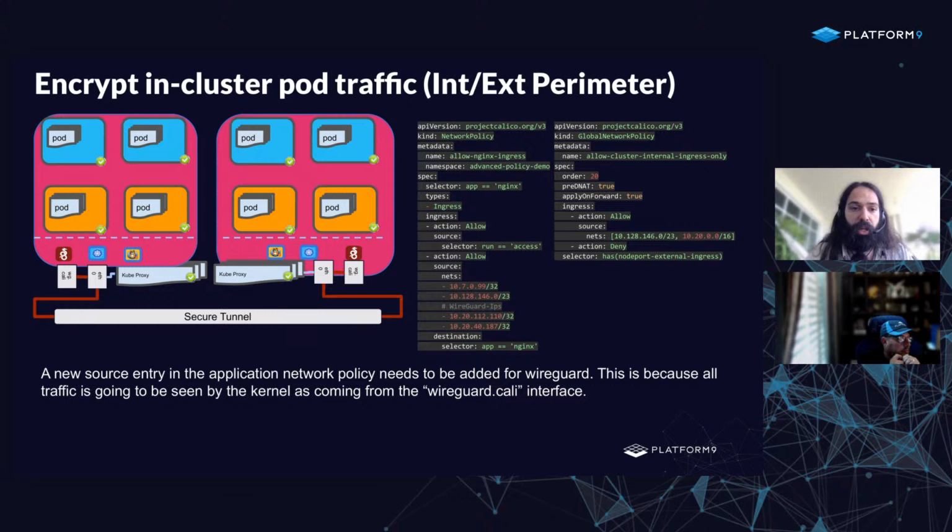Because at the moment that my pod is trying to reach this pod or this pod, the traffic is going to be seen coming from the WireGuard interface, which in this case could be the IP ending in 110 or 187.